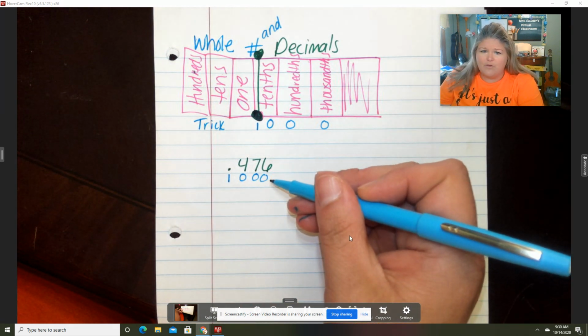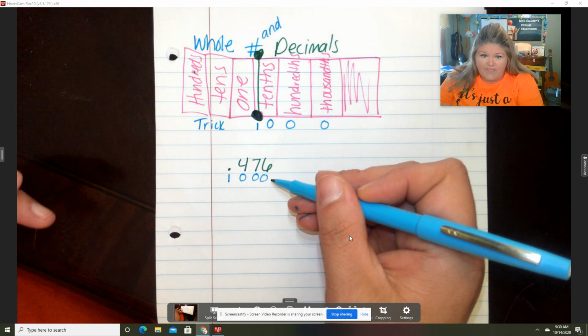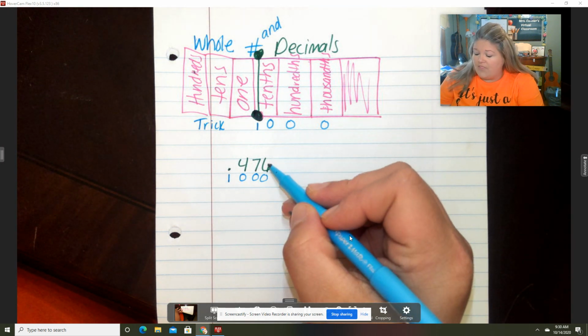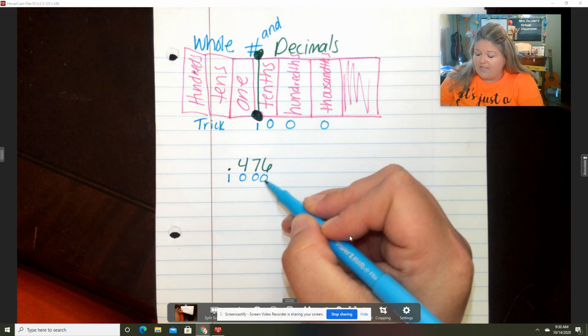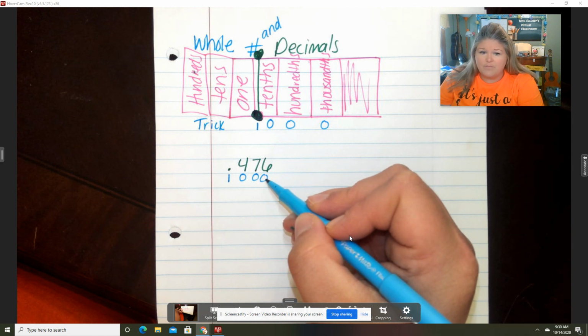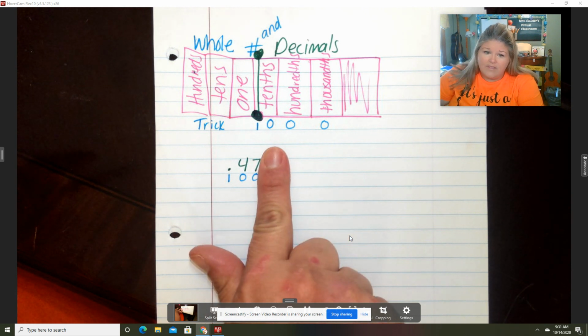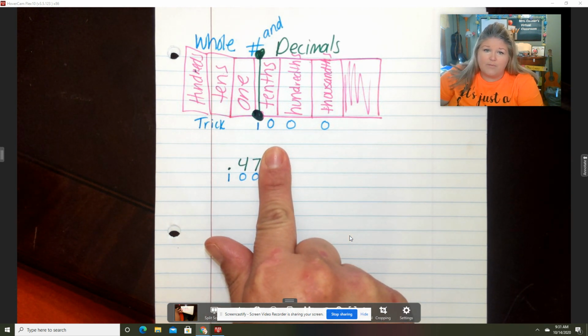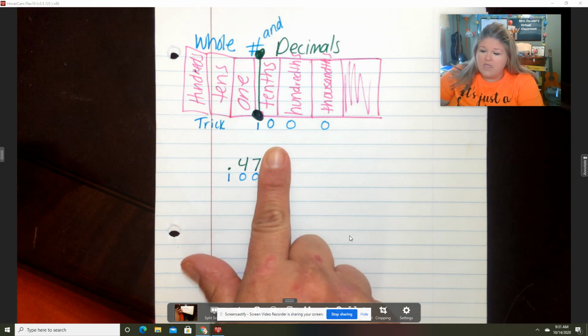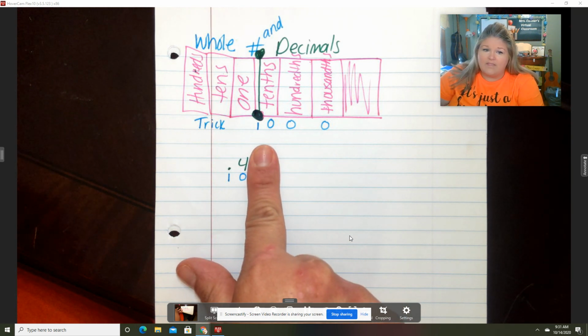What number do I have under my decimal? You have 1,000. So I know that 6 is lined up with that last 0 in the 1,000. So that would be thousandths. I know that 7 is lined up with the last 0 in 100. So it would be hundredths. And then that 4 is lined up under the 0 in 10. So that means that 4 is the tenths.